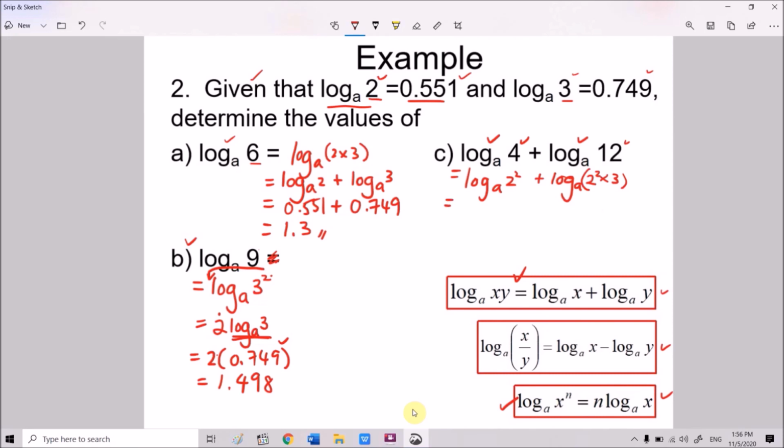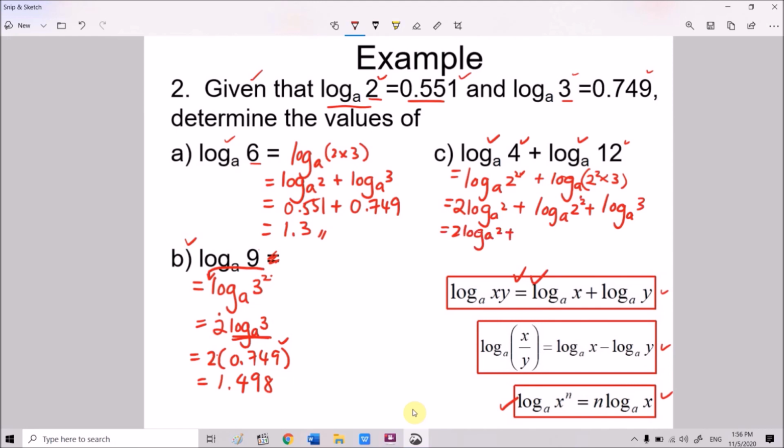Then we rewrite this, we move the power of 2 to the front. And then for this case, we use the product law. We have log base a of 2 to the power of 2 plus log base a of 3. And then this one I rewrite this again.